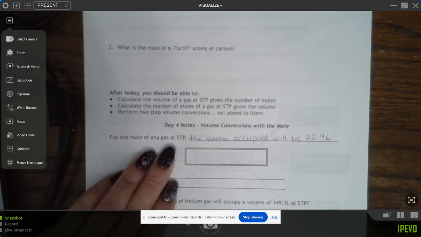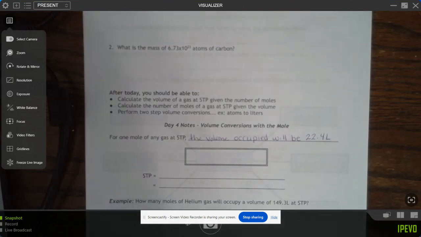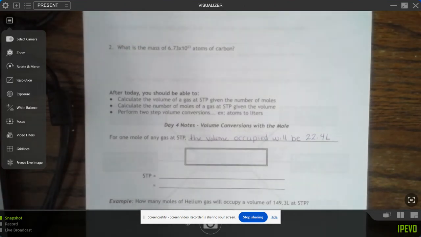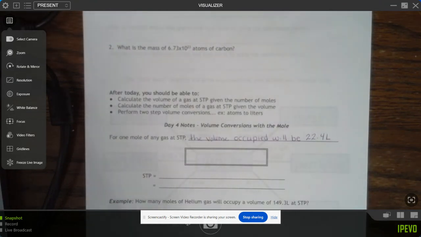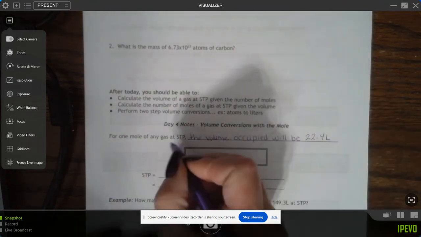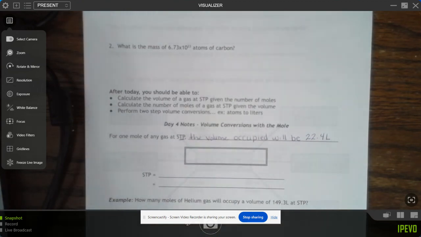So that's another number you need to keep in your mind and know. Now, these letters are letters and words that you should just come to know.